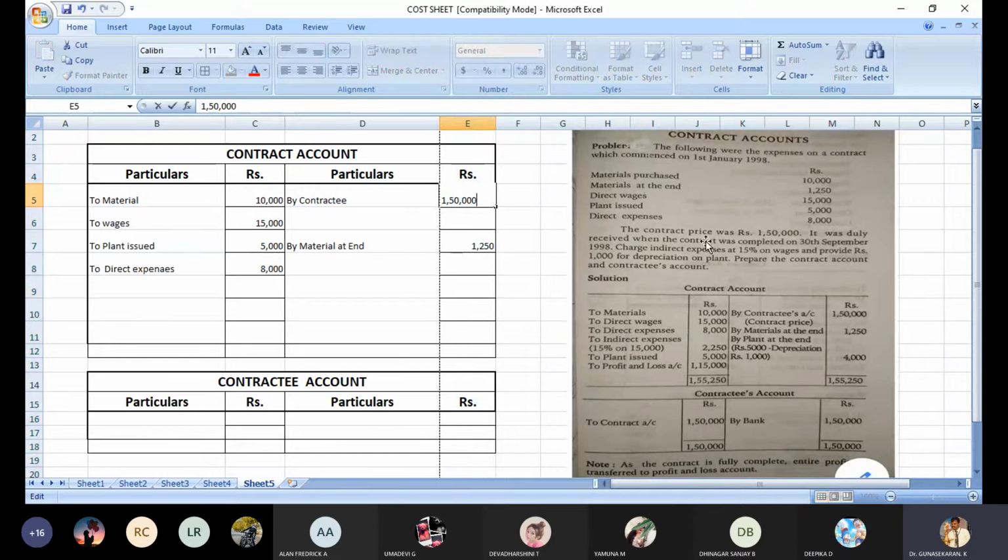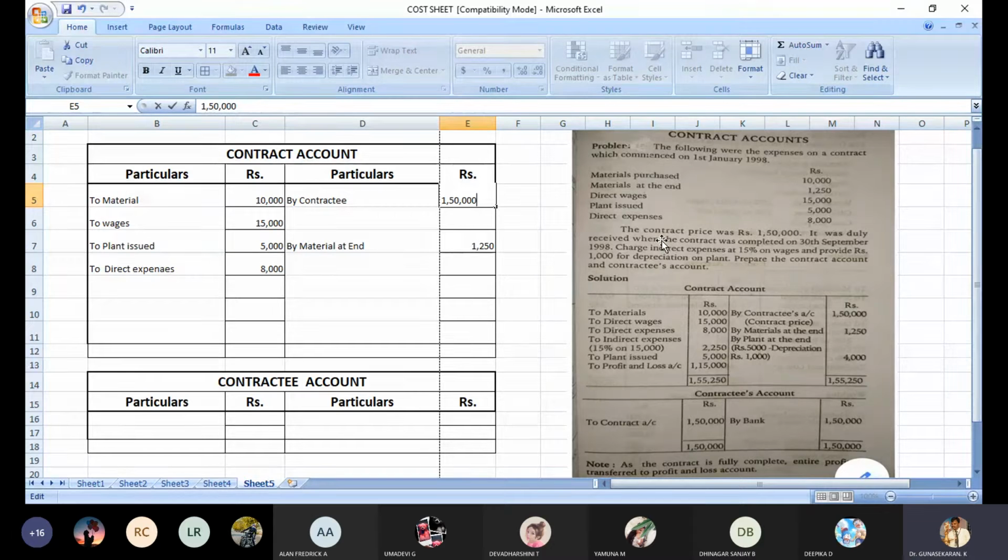Next. It was duly received when the contract was completed on 30th September. Okay, this contract agreement was completed or finished in which year? On 30th September 1998. So no need to worry about that year.